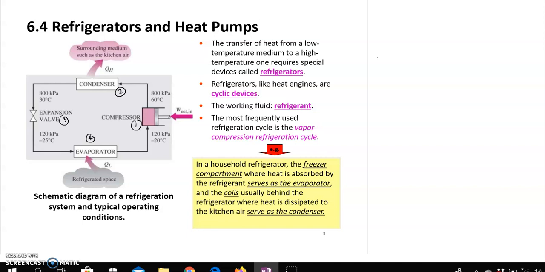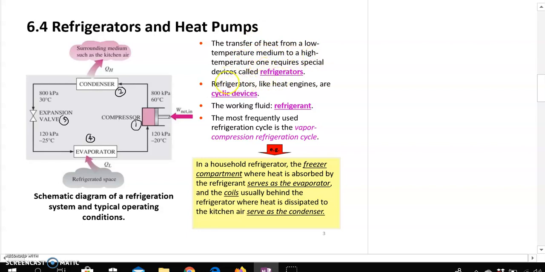The reverse process cannot happen; it cannot go from low temperature to higher temperature. If you want this reverse process, you will require a special device called a refrigerator. For a refrigerator, you transfer heat from a low temperature medium to a high temperature medium.